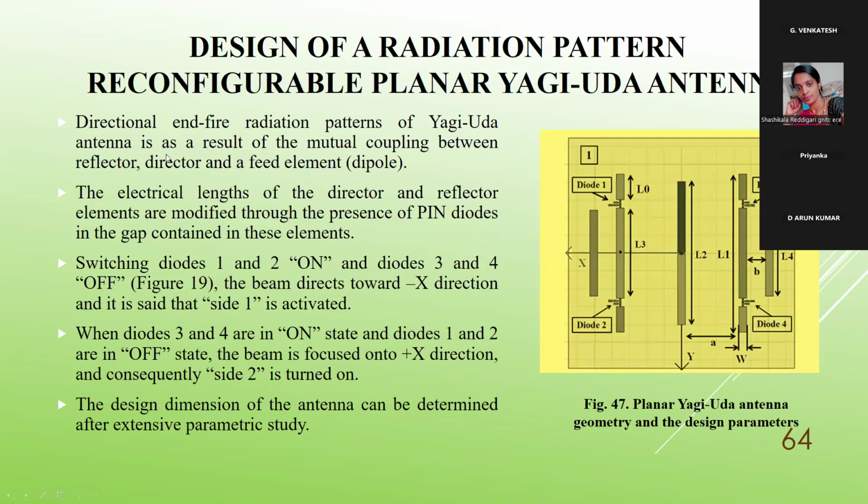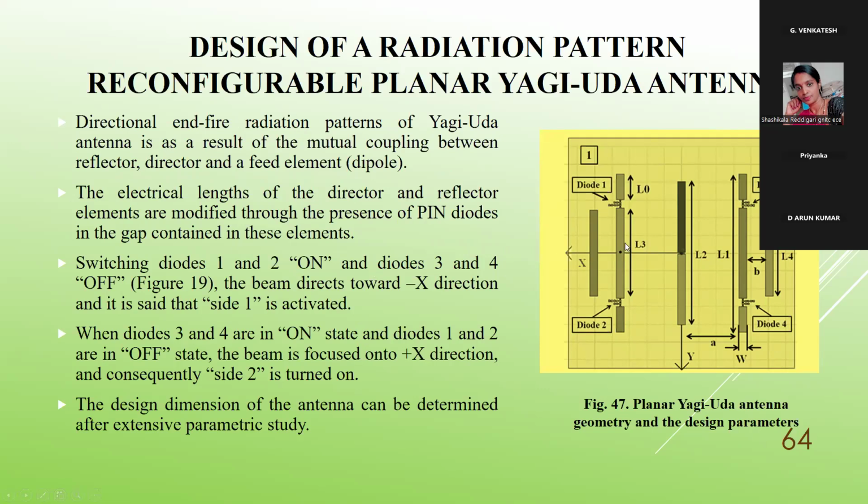They have considered unidirectional end-fire radiation patterns for the Yagi-Uda antenna. Again, the structure they have considered has only 2 elements, one dipole and another reflector, and directors are also there.